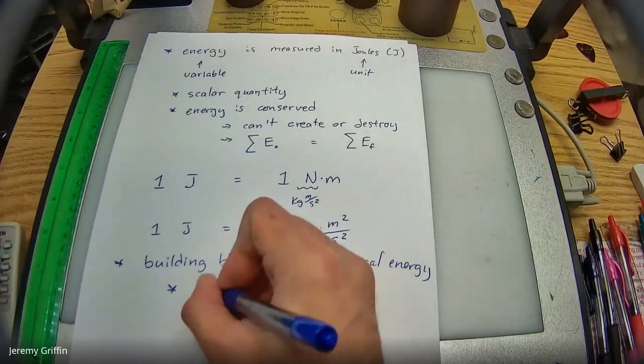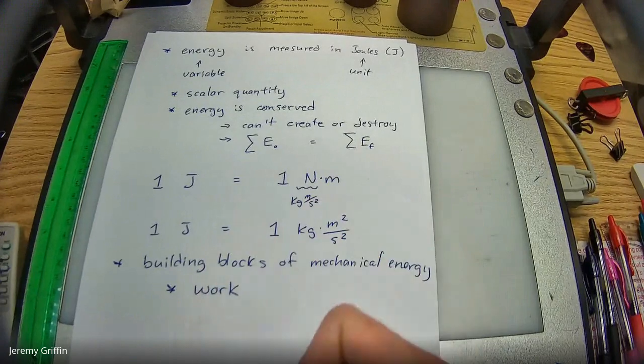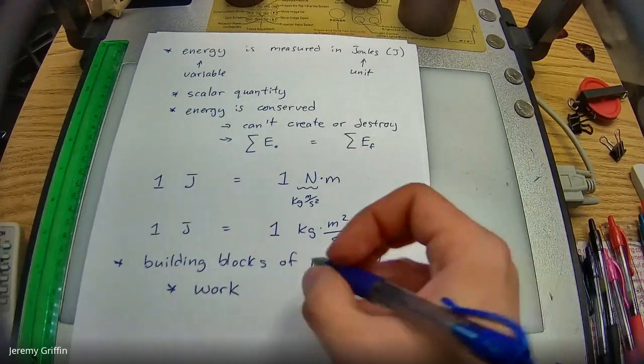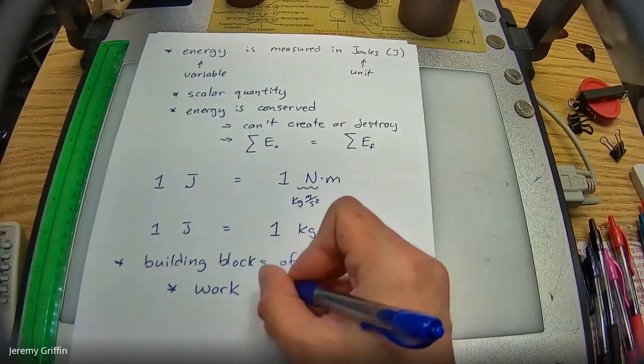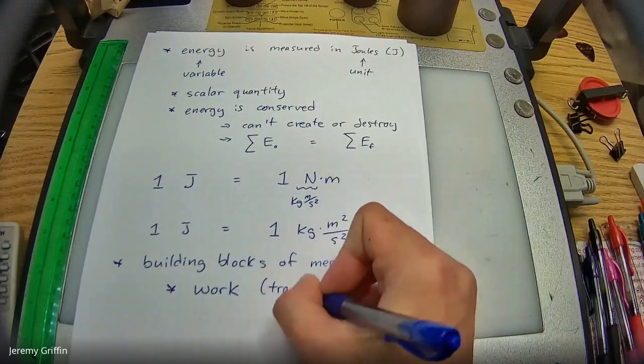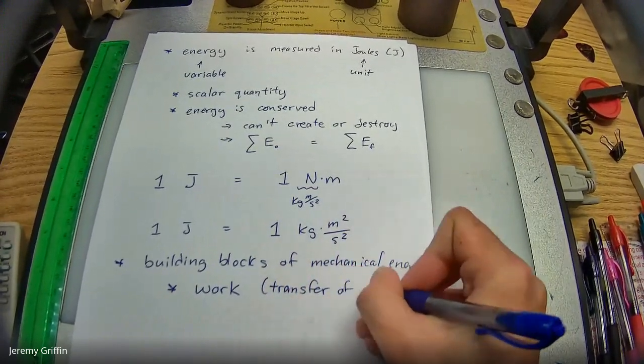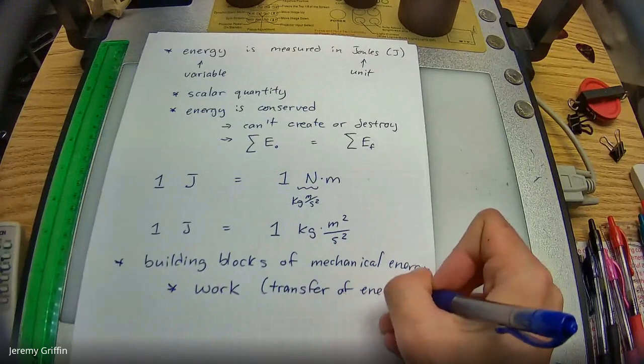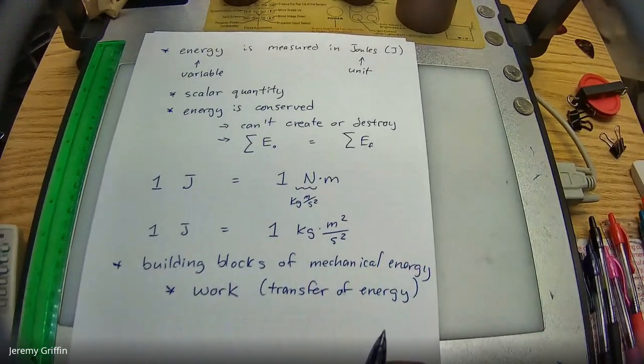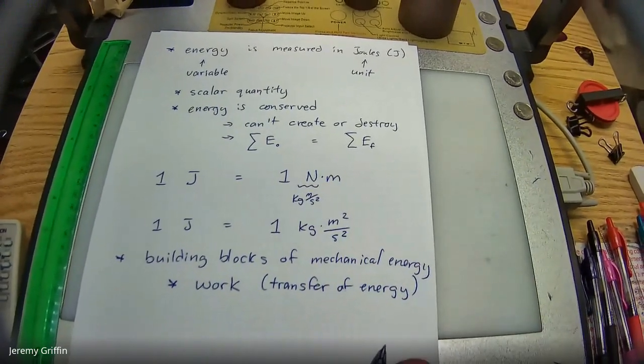It's called work. Work is not technically a form of energy, but it's a transfer of energy. Remember, you're allowed to transfer energy from one system to another, from one object to another.